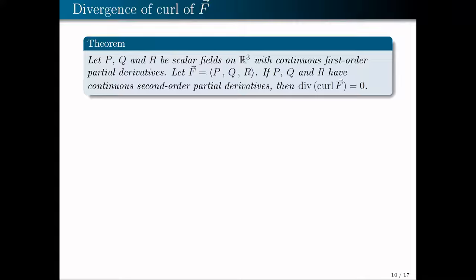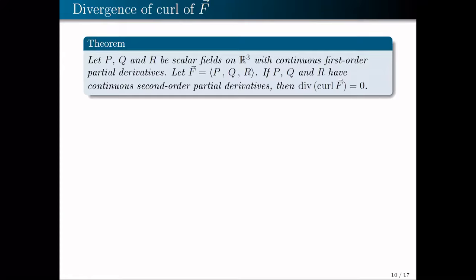Now let the vector field F have the following components: the scalar fields P, Q, R are the components of F. So if these scalar fields P, Q, and R have continuous second order partial derivatives, then the divergence of the curl of F is equal to 0.